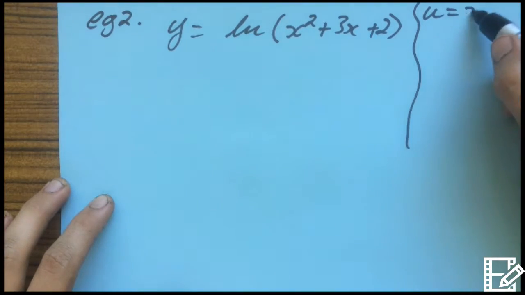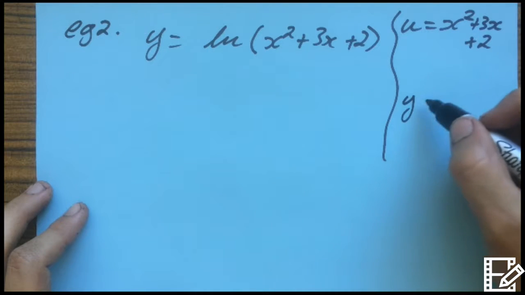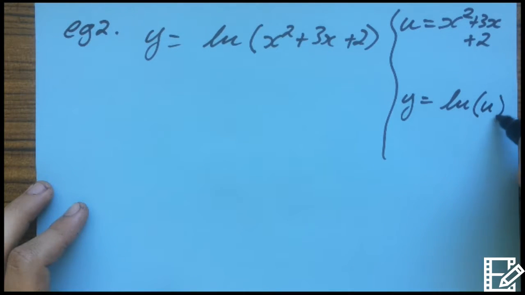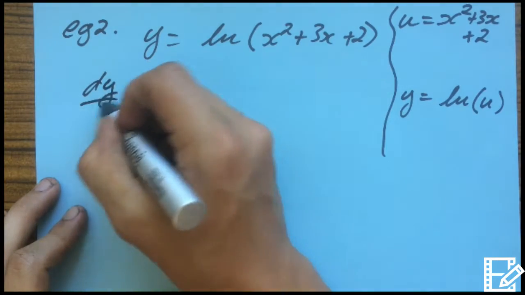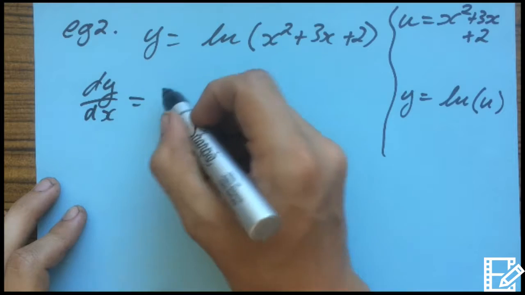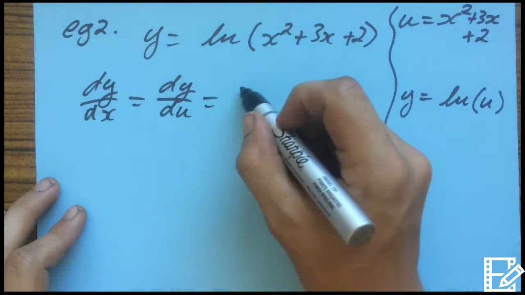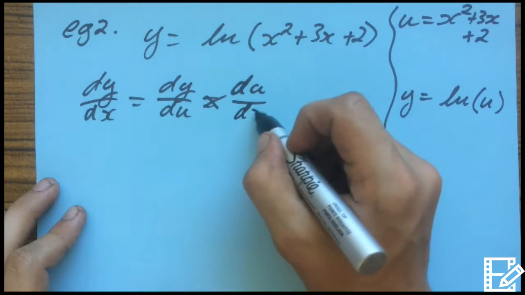We'll make that equal to x squared plus 3x plus 2. And y will be equal to, again, ln u. The equation is dy over dx equals dy with respect to du, multiplied by the derivative of u with respect to x.